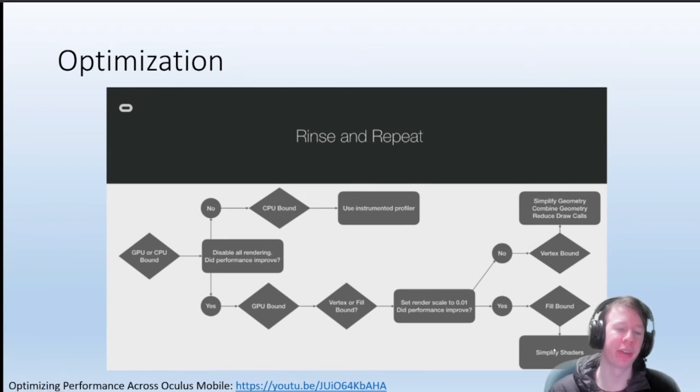If you're fill bound, then you've got to somehow optimize your shaders, which we'll talk about one optimization for today. But mainly we'll be talking about vertex bound, because on the Quest, your problem isn't usually the CPU. It's usually the graphics card, but we will talk about some CPU optimizations later.